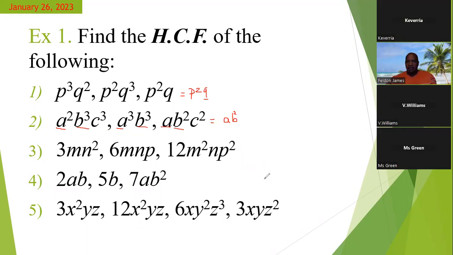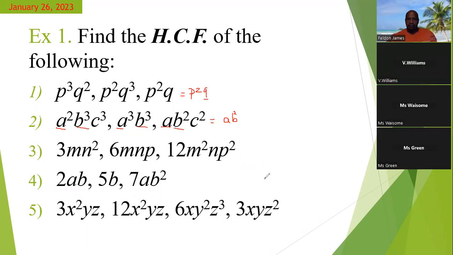Ms. Cavero, you want to do question 3? Yes, sir. All right, go ahead and tell me what you get for your HCF. Sir, I got 3 M N squared. Yes, sir.